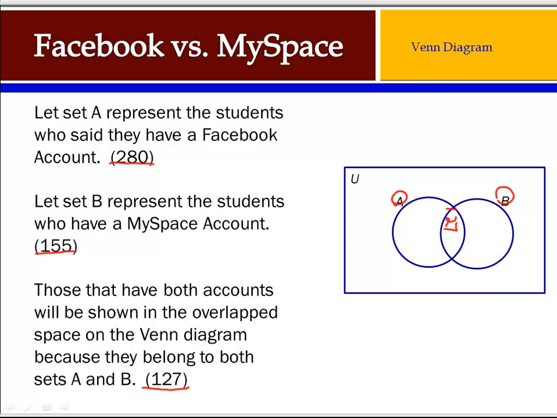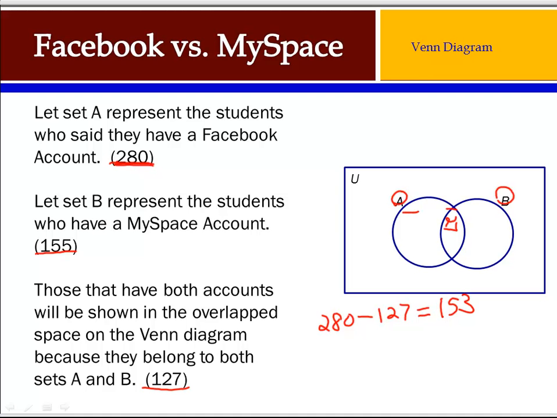We can work from that number backwards now and find the remaining elements in set A. So 280 said they have Facebook, but of those 280, 127 also have MySpace. So we don't want to count those students doubly. So we subtract these and we get 153.